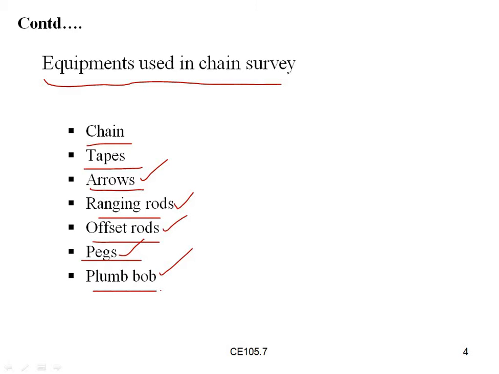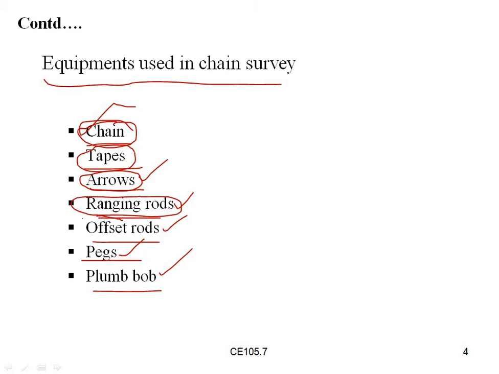Remember, these are all very important when you are going to do the chain survey. First, to measure the length, the chain is required. Next, to take the measurement, the tapes are also required. To mark the points on the ground, the arrows are required. To sight the object, the ranging rods are required.